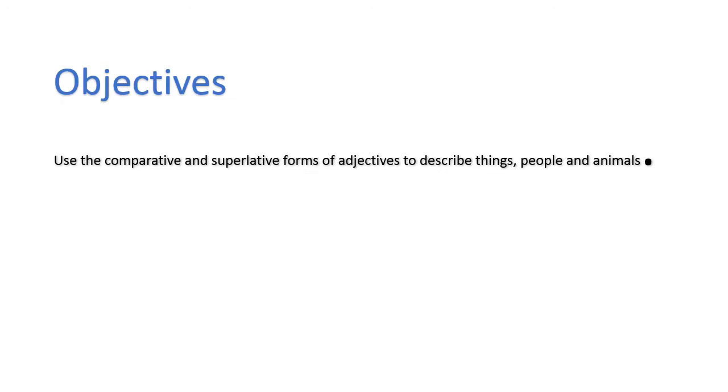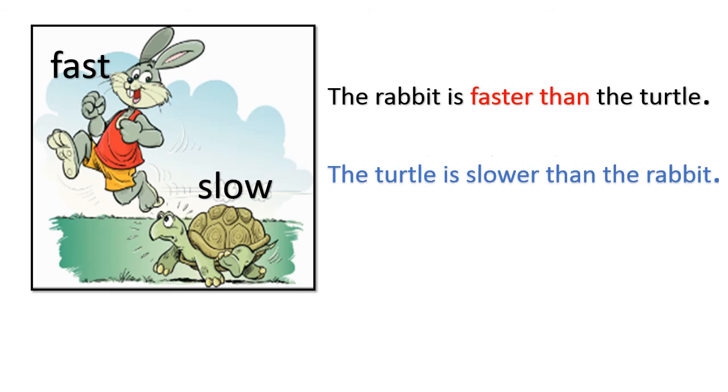Our objective for today is to use the comparative and superlative forms of adjectives to describe things, people, and animals. Look at this picture. Look at the rabbit and look at the turtle.